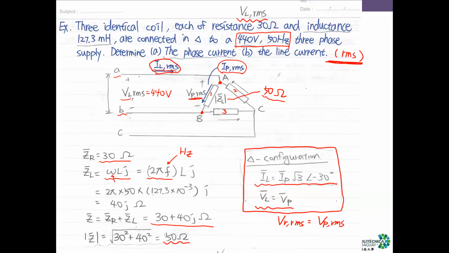So for a delta configuration, the phase voltage equals the line voltage.